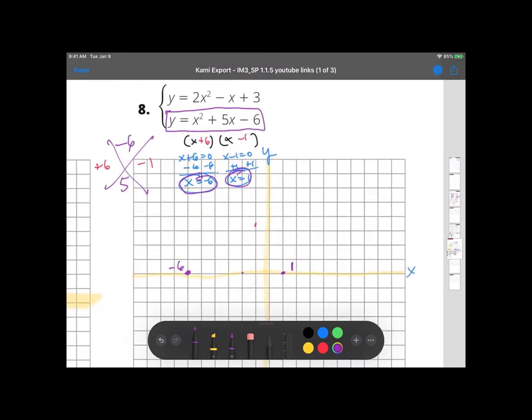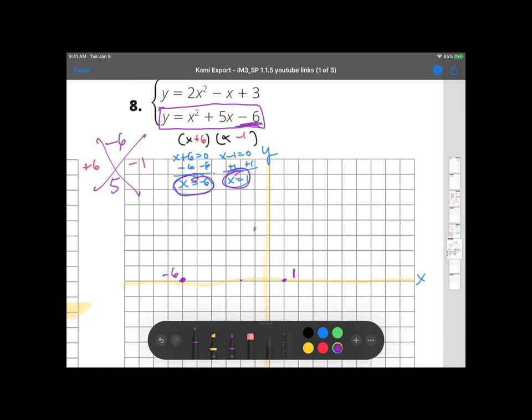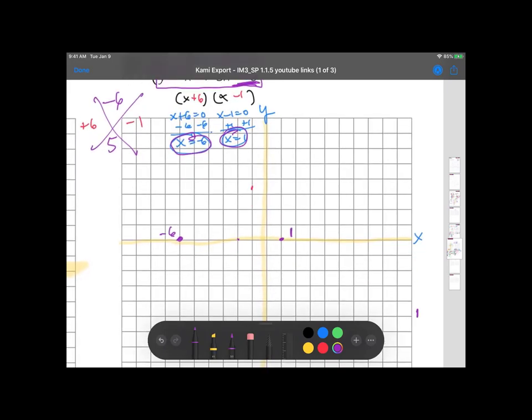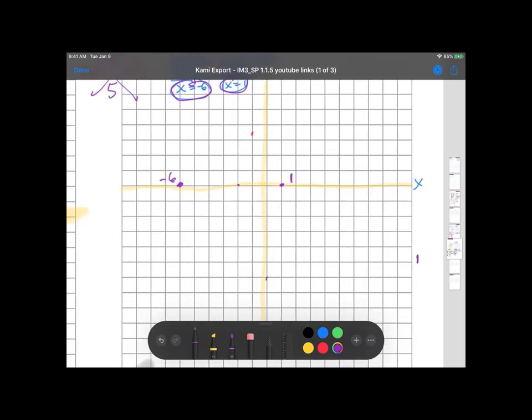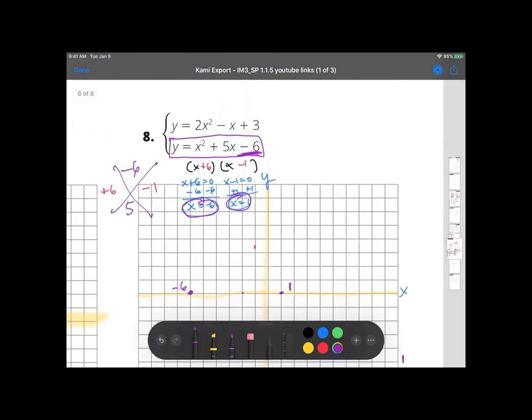Okay, it has a y-intercept. The c value is the y-intercept. -6. 2, 4, 6, -6. And it's opening up, right? A value.